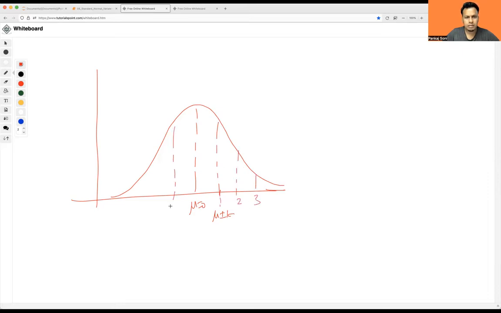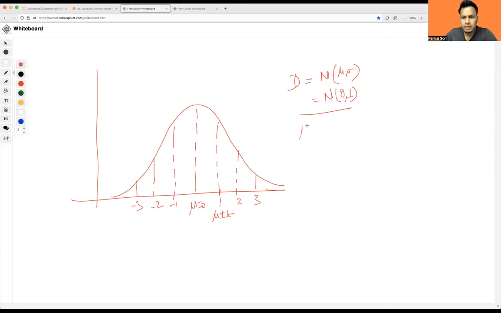Similarly, here you will have -1, this will be -2, and -3, right? If you have any given data D following normal Gaussian distribution where mu equal to 0 and standard deviation equal to 1.